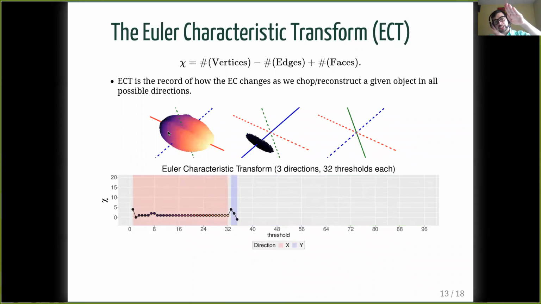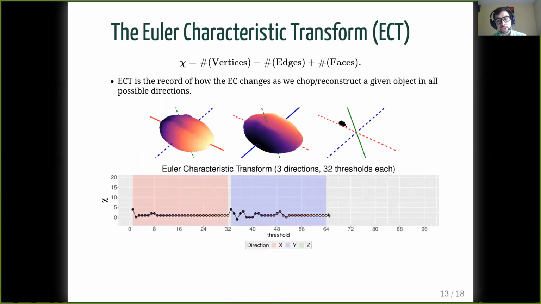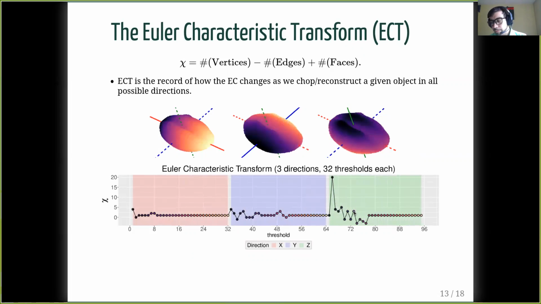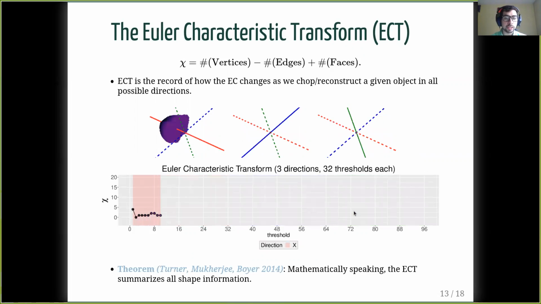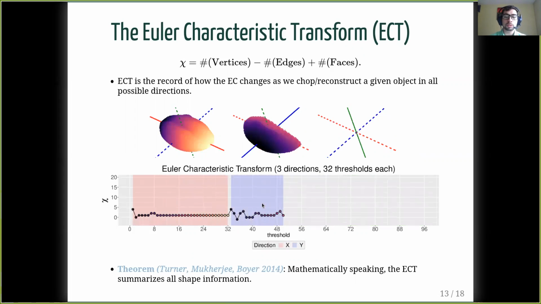And as we keep chopping the seed, obviously all these quantities are changing, and we are measuring those changes. And finally, we put all that together in a very long vector. Now that makes sense, the Euler Characteristic Transform, because in 2014, it was mathematically proven that this collection of numbers, when you take into account all possible directions, all possible chops, mathematically summarizes all there is to know about shape.